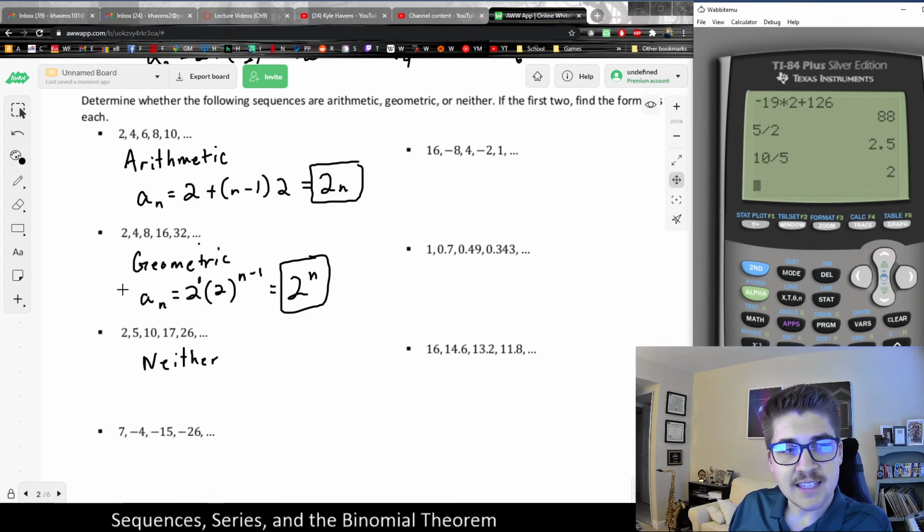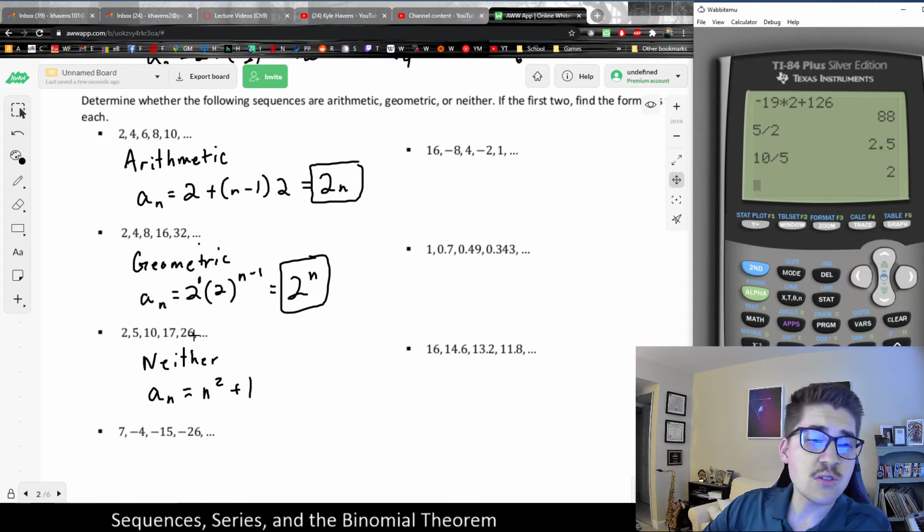That doesn't mean that it doesn't have a pattern and that we can't figure it out. Actually, this sequence is n squared plus 1, which is neither an exponential nor a linear function. It's represented by a parabola or a quadratic function, but there's no special name for this, at least in our book.